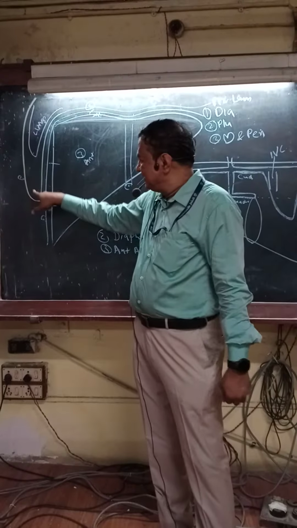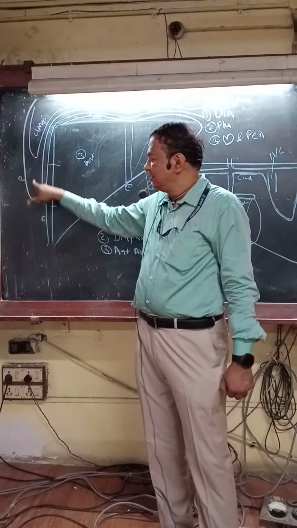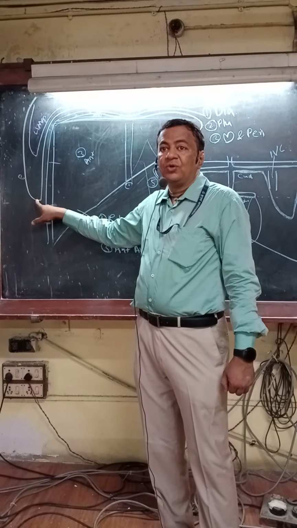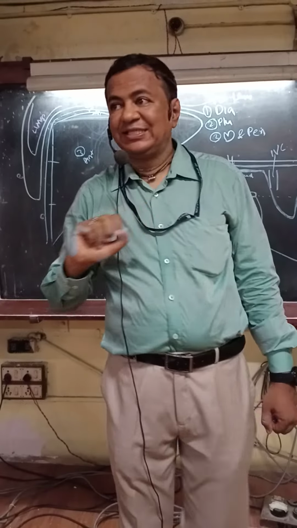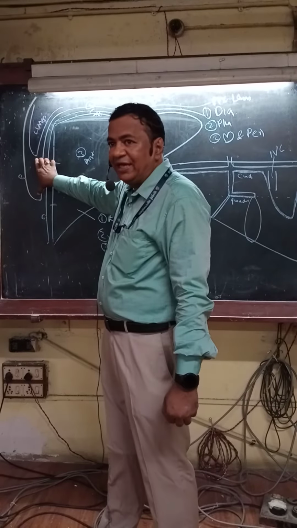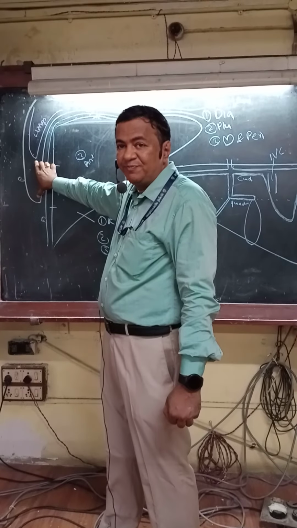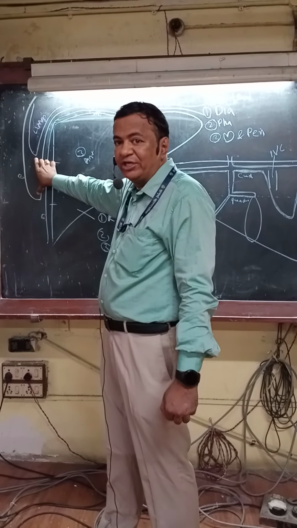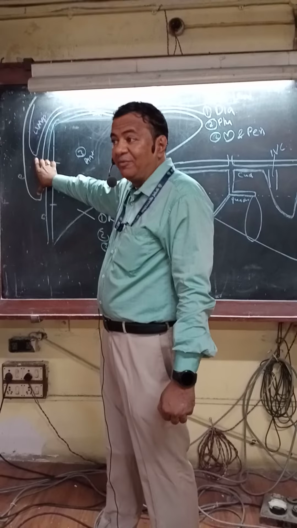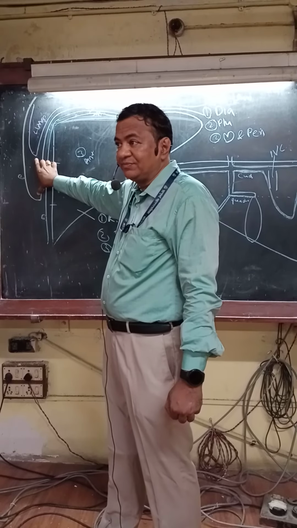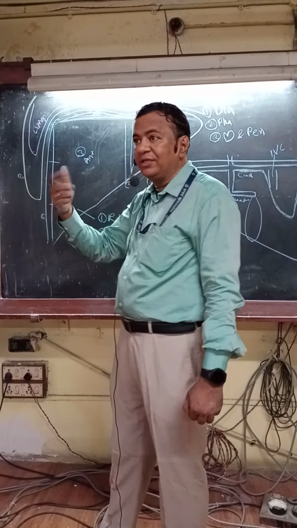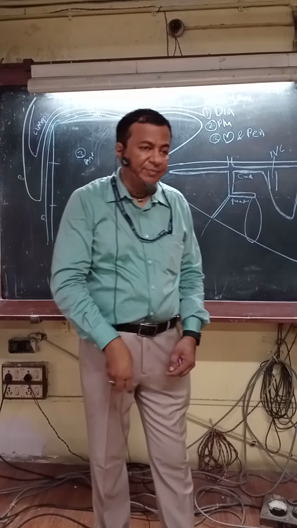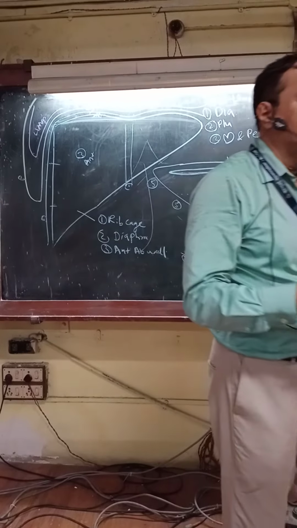So what is this? Costodiaphragmatic recess. This is the space you see on the X-ray. This is the space that becomes full first whenever pleural effusion starts. So the first sign of pleural effusion is that the costodiaphragmatic recess disappears.